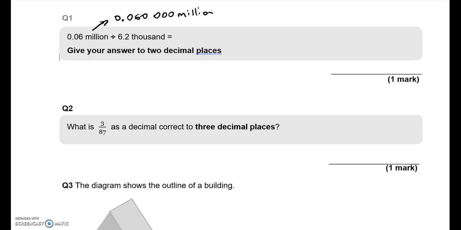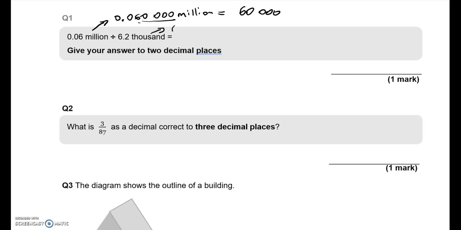I've written it this way with the zeros after, so that it's going to make it easy for me to just write the number out, because this is now equal to 60,000, as you can see.